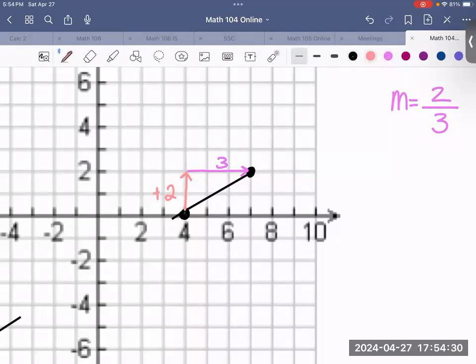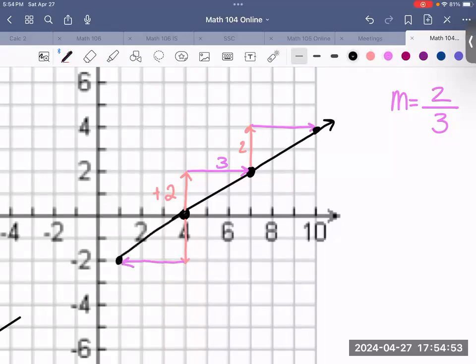We go up 2, 1, 2, and over 3, 1, 2, 3 to your next point here. Or if you wanted to go in the opposite direction, we're just going to go down 2 and over 3, 1, 2, 3 to your next point.